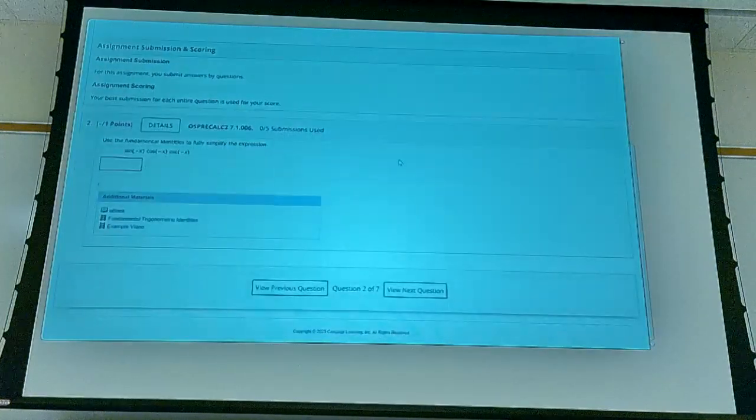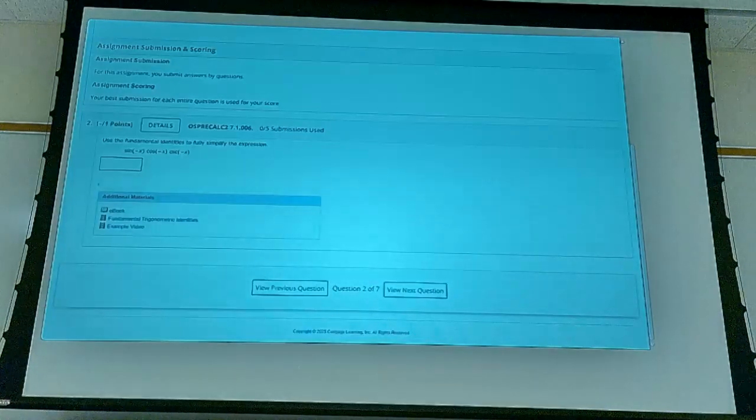Now, that one looks kind of fun to do. But doing these should still help you with verifying, right? Because it's still getting you practice using the identities and when to use them.